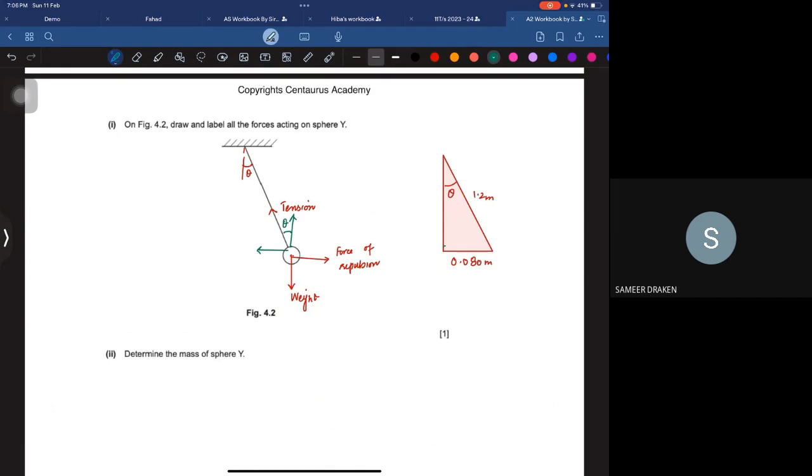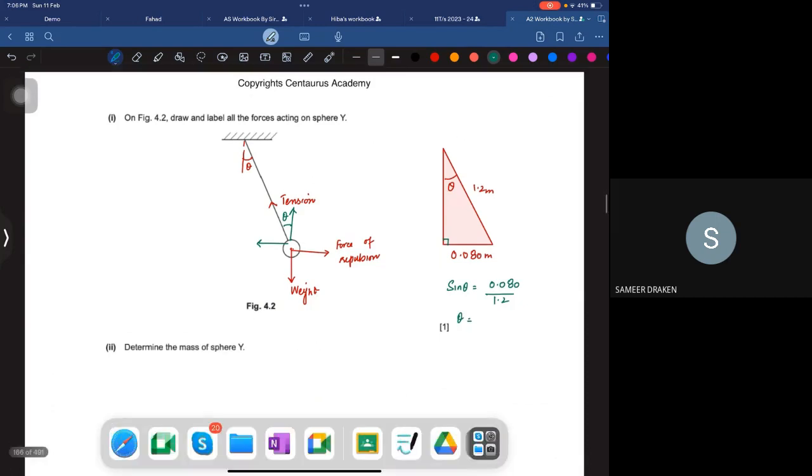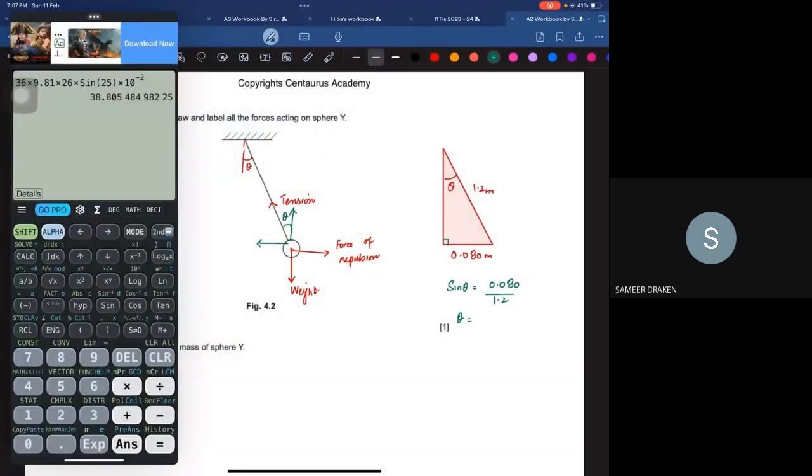It's pretty simple. This is 90 degrees. I know that it's going to be sine. So sine theta is going to be perpendicular over hypotenuse, like that. Get it, kids? So let's find the sine. It's going to be shift sine of 0.08 divided by 1.2, and this will be 3.82 degrees.